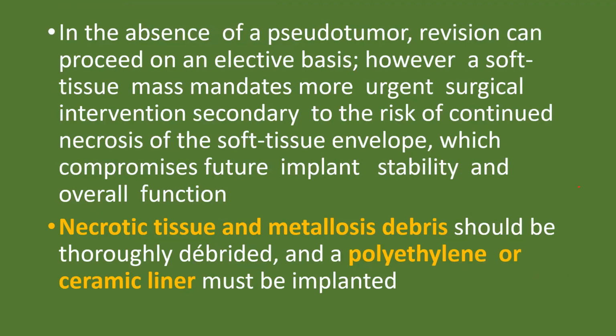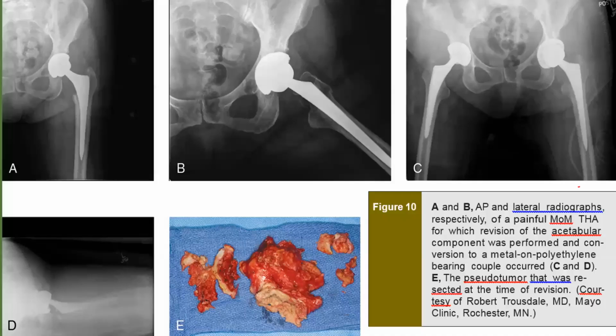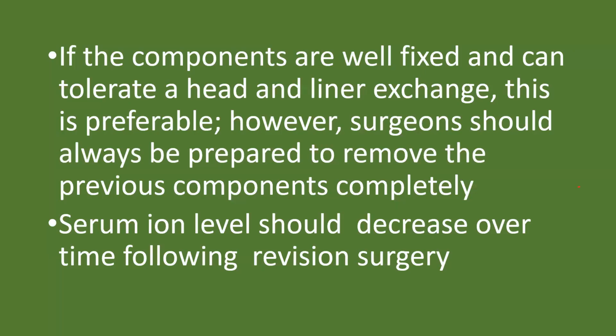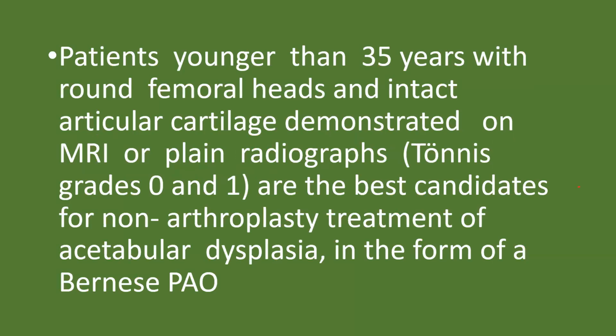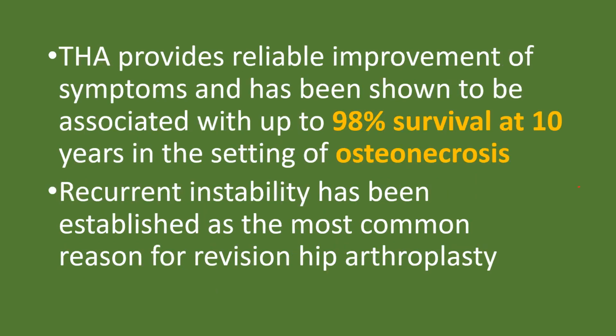Actually, we have repeated some of the talks many times, especially on the metal on metal. And I would like to conclude: patients younger than 35 years with round femoral heads and intact articular cartilage demonstrated on MRI or plain radiograph, Tönnis grade 0-1, are the best candidates for non-arthroplasty treatment of acetabular dysplasia in the form of periacetabular osteotomy.